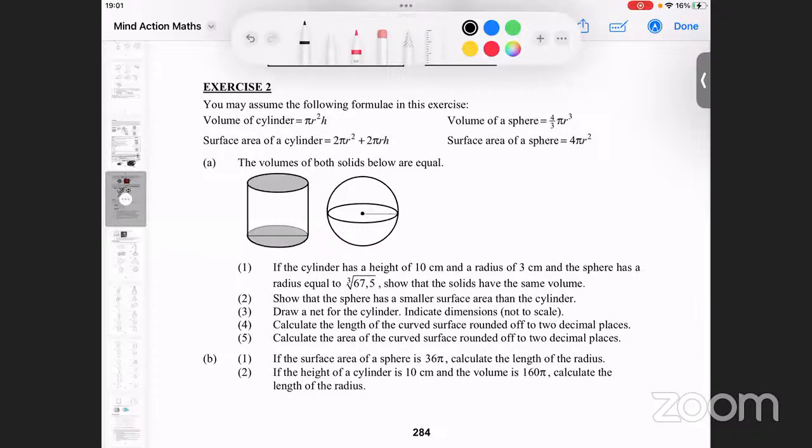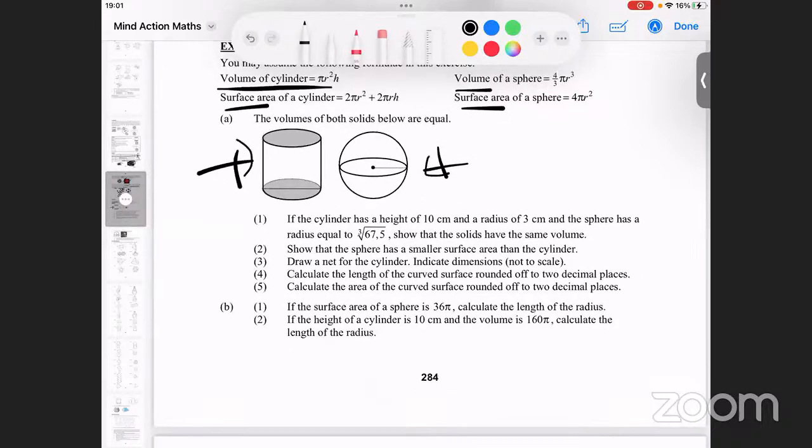So you may assume the following formulas in the exercise: volume of a cylinder, surface area of that, and then the volume of a sphere and the surface area of that. Here we just need R, and here we need R and H.